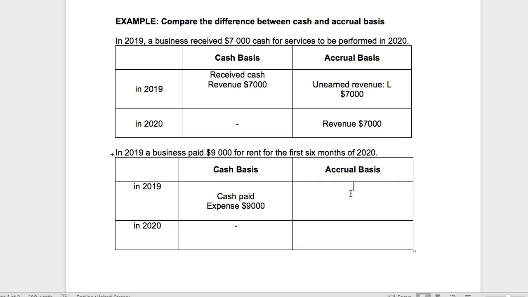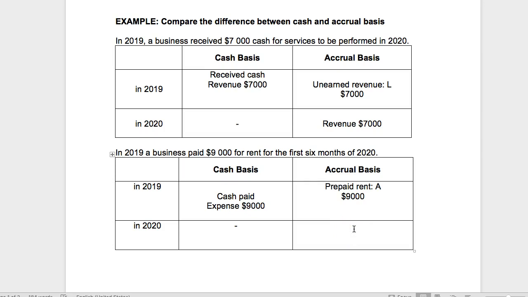So when you have paid for the rent for 6 months, this is actually what we would call a prepaid rent. It's an asset. You've paid the rent, so now you have a future benefit. You can use that property for the next 6 months. So in 2019, if you're using accrual basis, you would show an asset for $9,000.